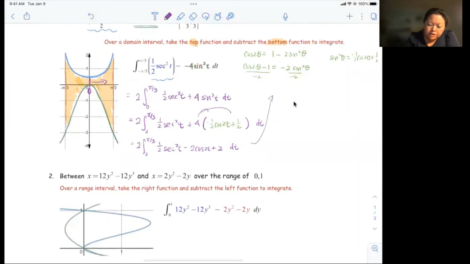I get, my 2 is on the outside still, 1/2 tangent of t, because the antiderivative of secant squared is tangent t, minus 2. The antiderivative of cosine is positive sine of 2t, but there's chain rule. There's a 2t in there, so you have to take out a 2 for the reciprocal of the coefficient.